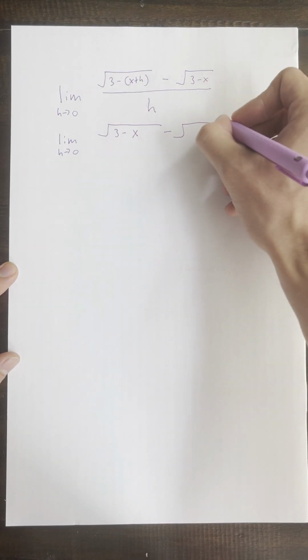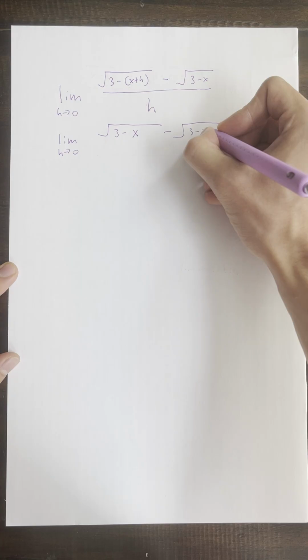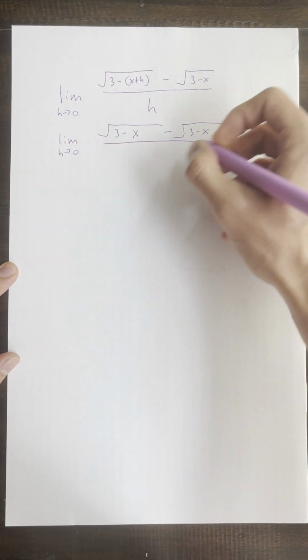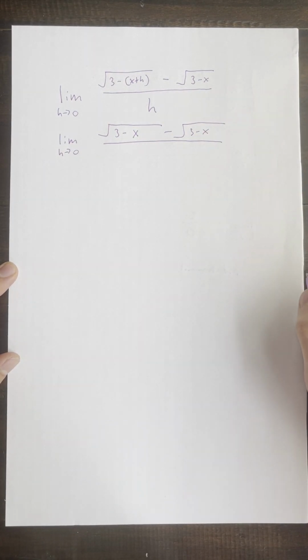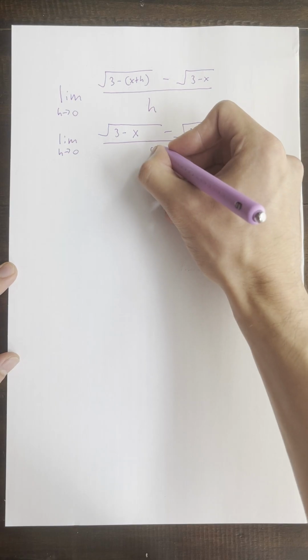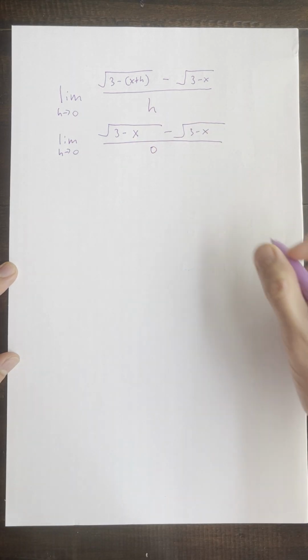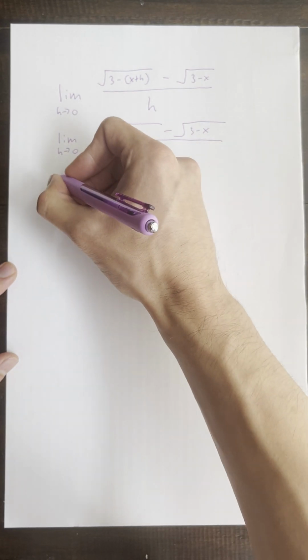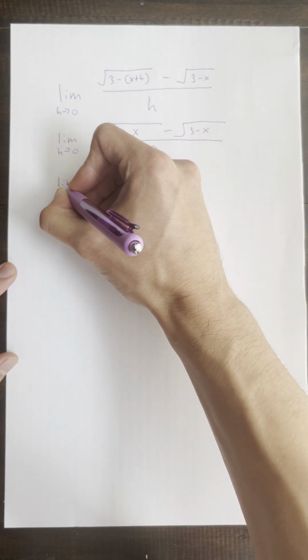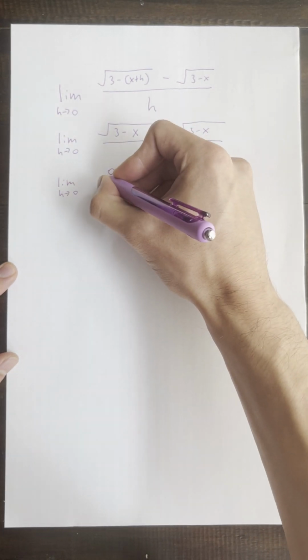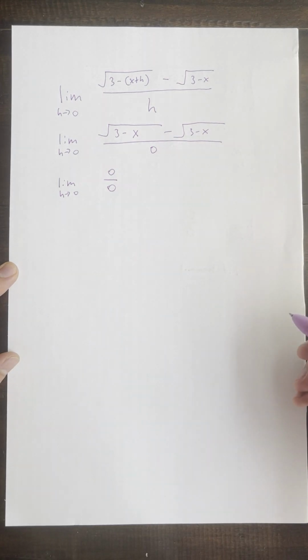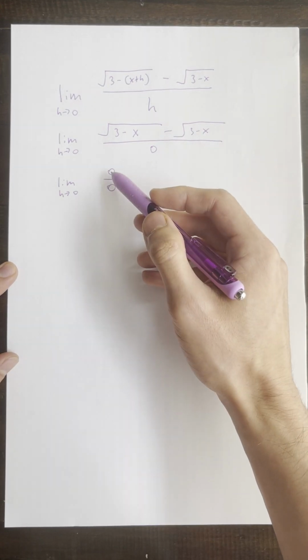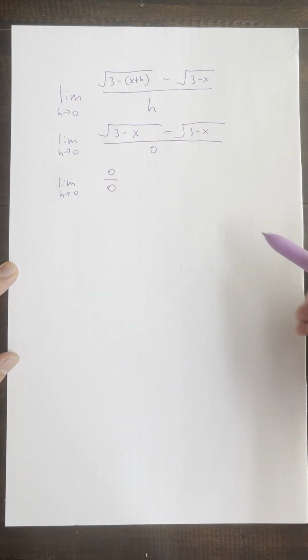And I'm going to copy this real quick. What goes on the bottom? 0. What does the top simplify as? Zero. Okay, so we ended up with 0 over 0.